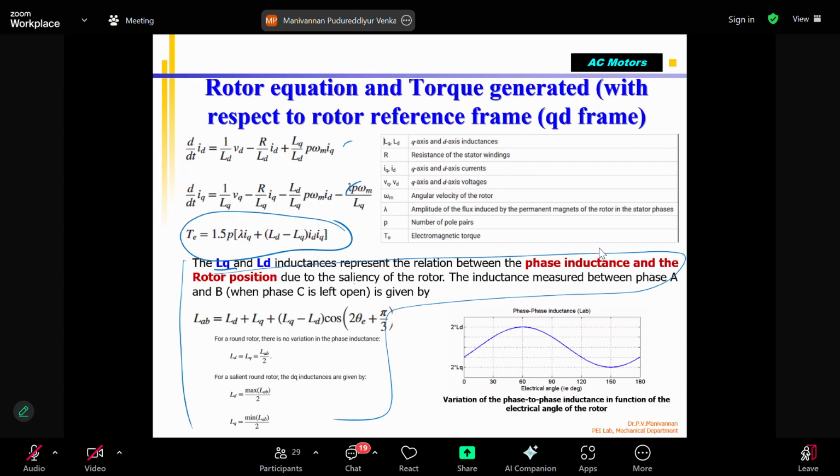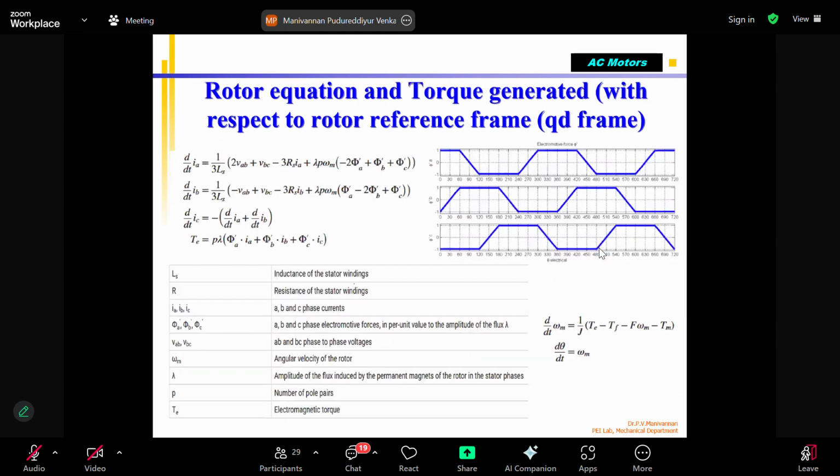Distributed winding: the back EMF generated by the rotor in the stator field is sinusoidal in nature, because the windings are wound sinusoidally or evenly distributed in the stator, and you are supplying the sinusoidal AC voltage. Instead of that, you can have a concentrated winding, and you are supplying the stator winding with the trapezoidal waveform.